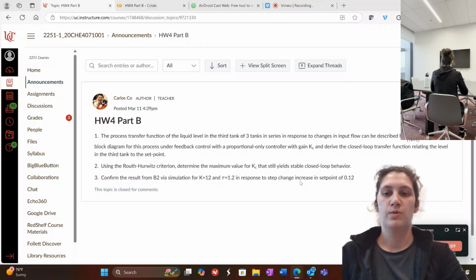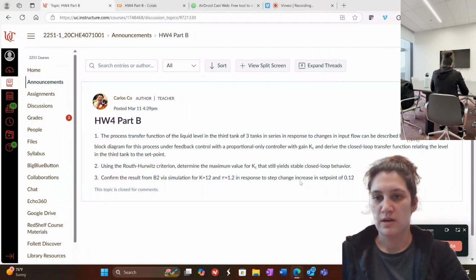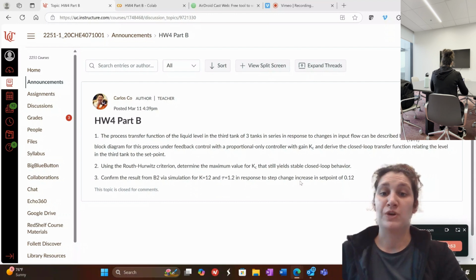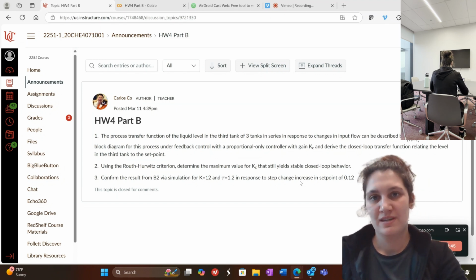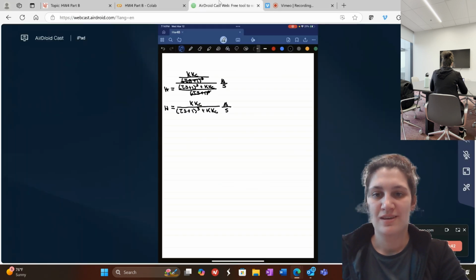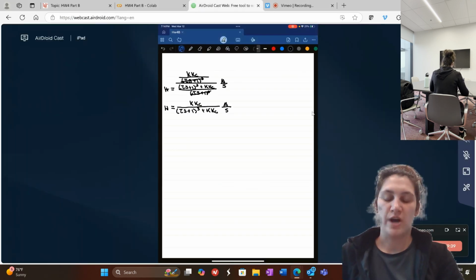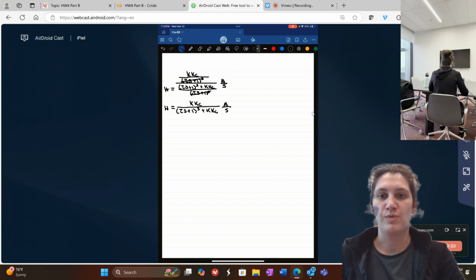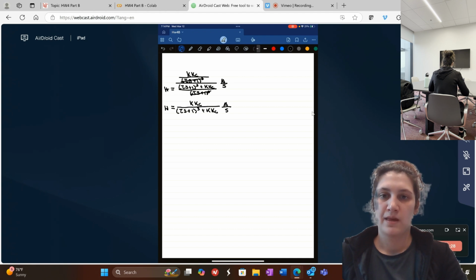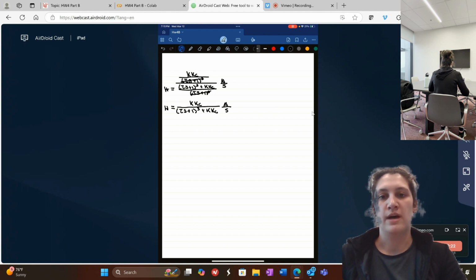Moving on to question 2, the problem states using the, we're just going to call it RH criterion, determine the max value for Kc that still yields stable closed loop behavior. So to do this, we're going to come back over to the function that we just derived, and using this criterion, what we really want to evaluate is the polynomial that we have in the denominator. Because if we can determine that all of the roots are the same sign, then we know that our system is stable.